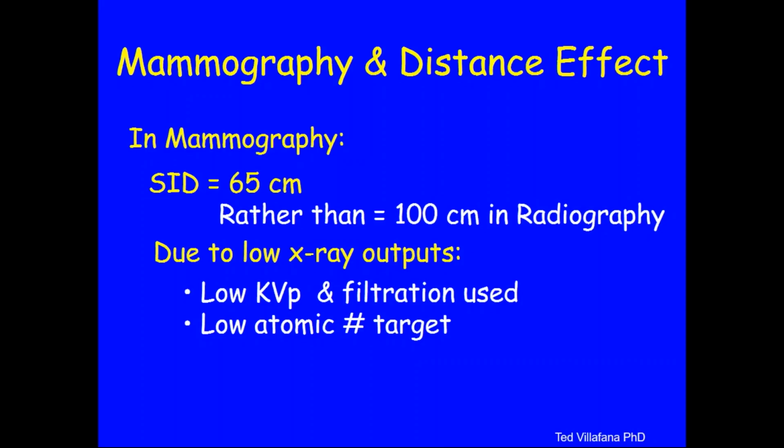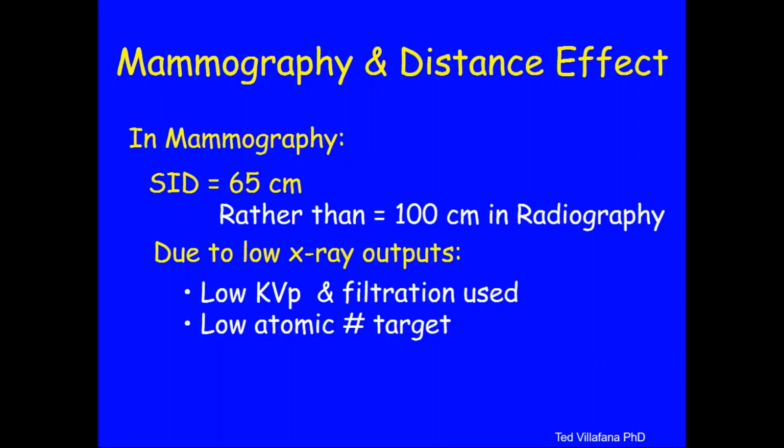Let me restate it another way. We would normally have very long exposure times in mammography because you have such a low output. Here's another reason why you have a low number of photons arriving at the image detector in mammography. Remember, you're dealing with low energies. Low energies means they're very easily absorbed in the patient. And that means relatively few photons coming out of the patient. Again, the problem of few photons arriving at the image plate.